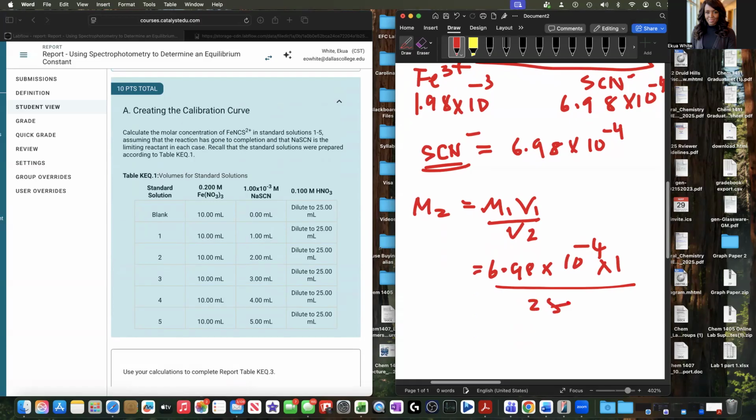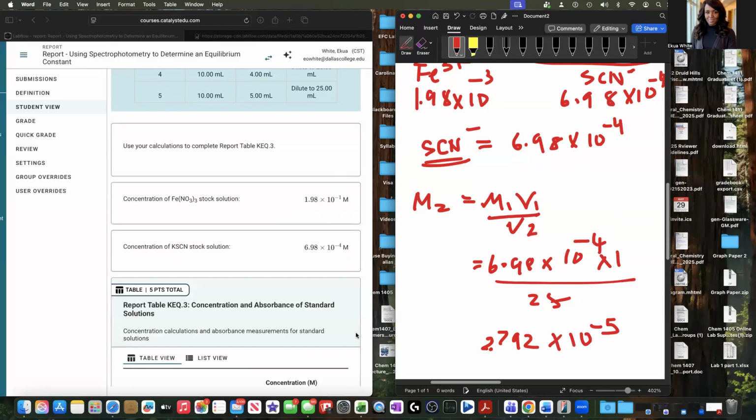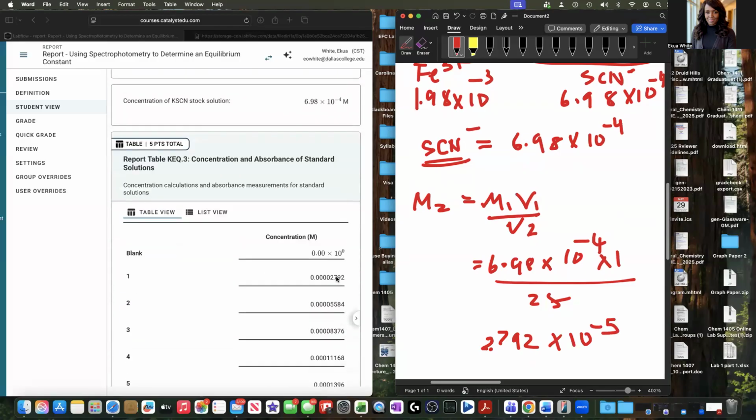So when you multiply that out, 6.98 times 10 to the negative 4 times 1 divided by 25, what do we get? We get 2.792 times 10 to the negative 5. Okay? And that's what I have for this second one here.